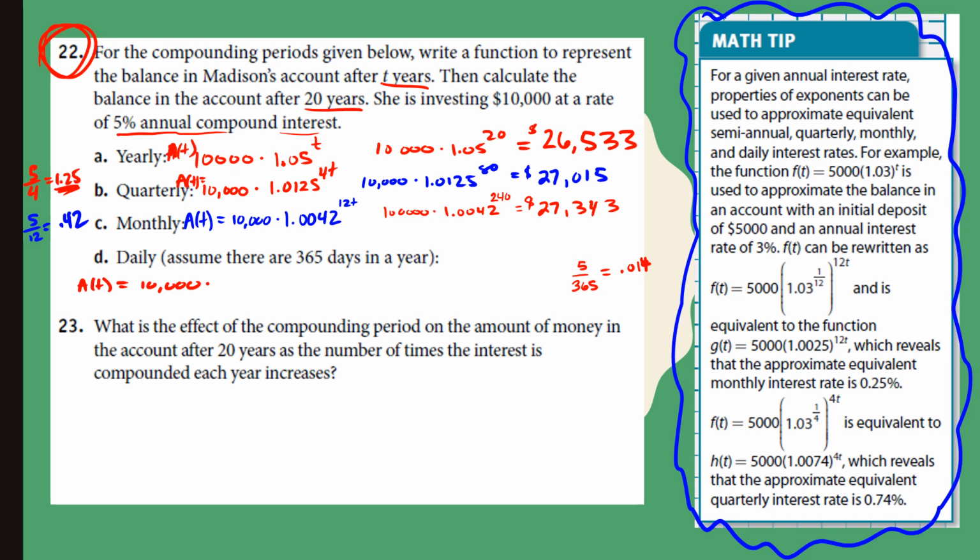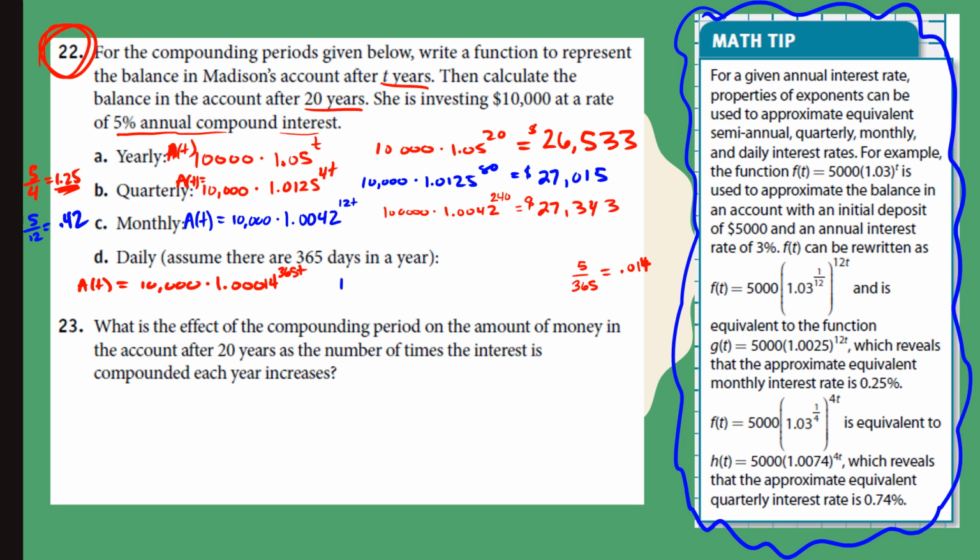So times a growth factor of 1, now we've got to move this decimal 2 places, so 1.00014 to the power of 365t. Okay, that's going to be fun.